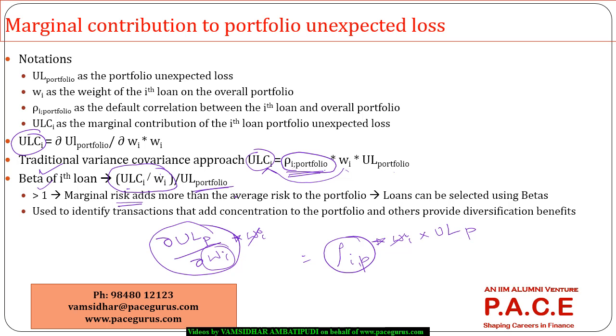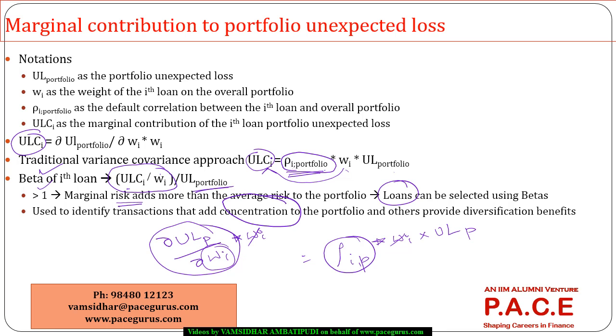So once I have decided on what kind of portfolios, what kind of risk can be considered, or what kind of loans can be considered by planning on the required amount of beta, then the whole amount of transactions can be identified, so that the overall concentration of the portfolio, which of them are adding up to the concentration of the portfolio, and which of the loans are really providing diversification benefits with respect to the portfolio.